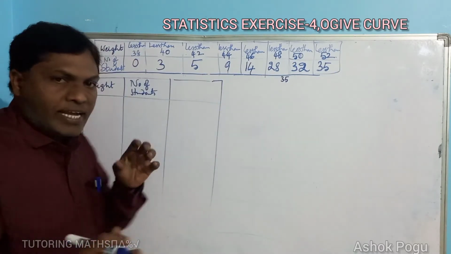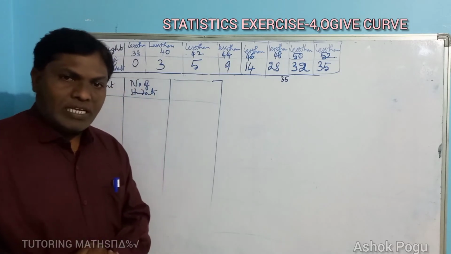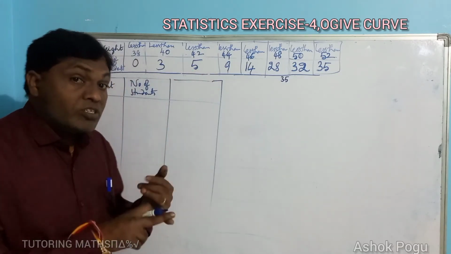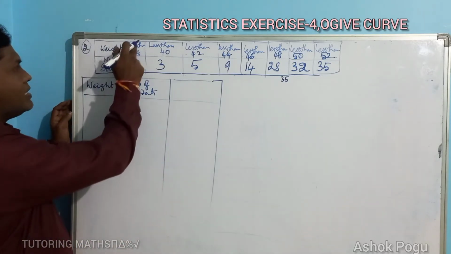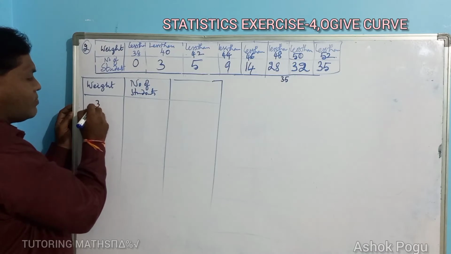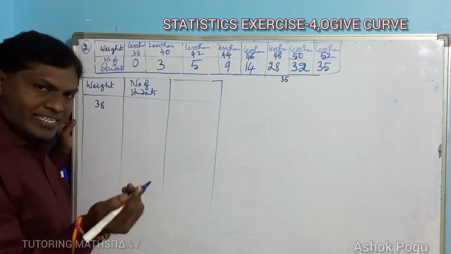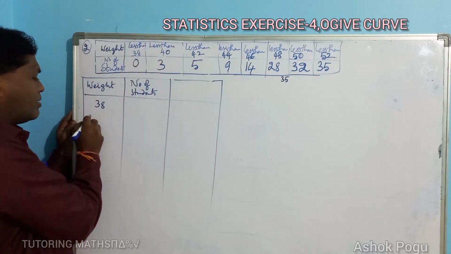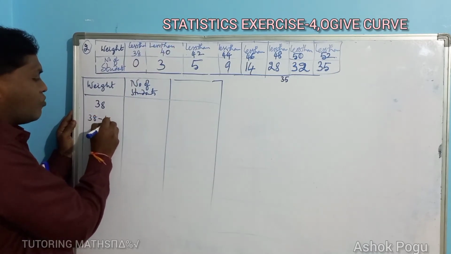We have to take cumulative frequency if it is not given, but let us observe the data first. This is less than 38. Less than 38 means up to 38, isn't it? Next, less than 40. It becomes 38 to 40.